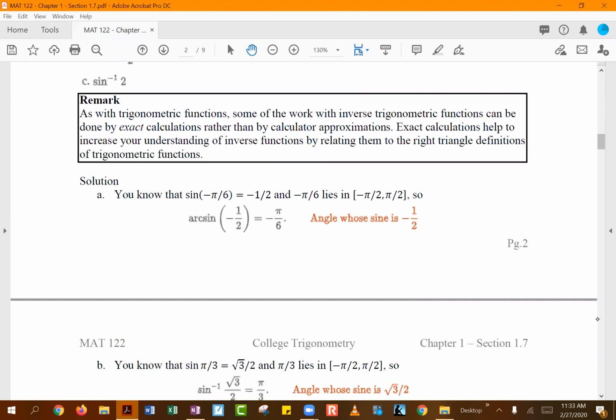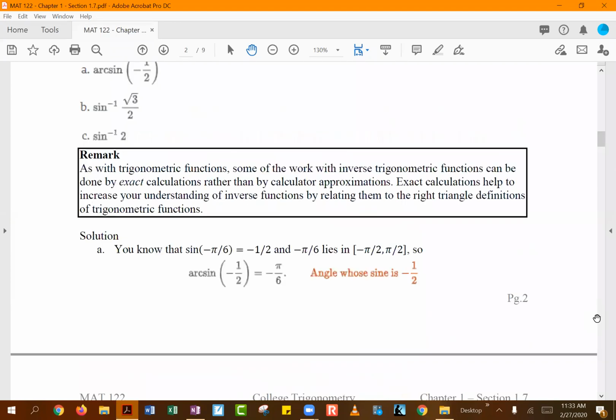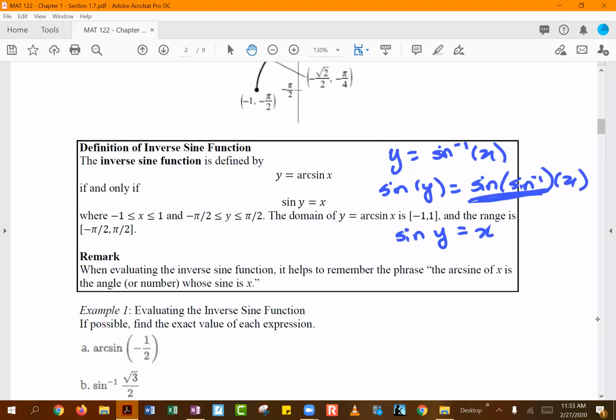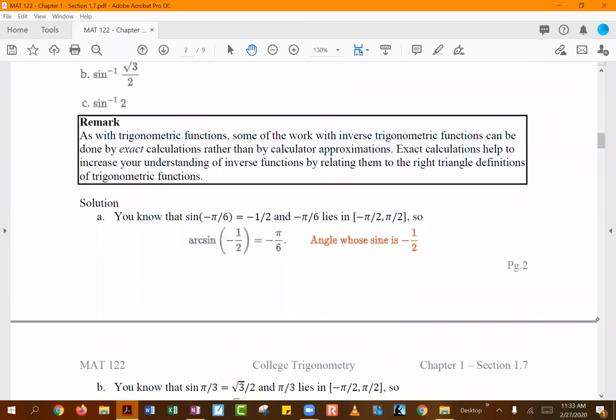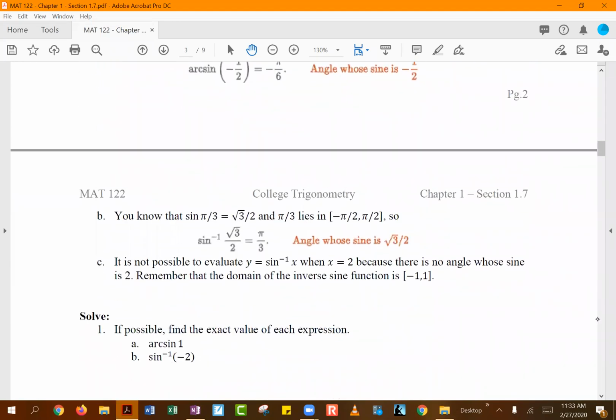So that's basically what they're basing this on. If the original sine function of -pi/6 is -1/2, then obviously using this relationship of sine of y equals x is the same as y equals arcsine of x, then your answer for arcsine of -1/2 is going to be -pi/6.